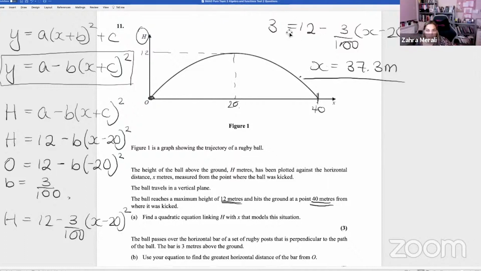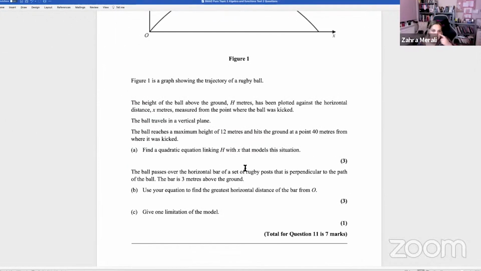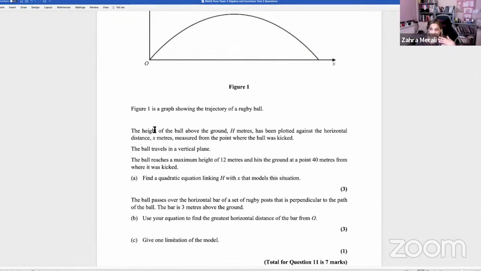And then the last question on this section says to give one limitation of the model. So a limitation of the model could be, what are we assuming? We're assuming it's a totally straight ground. The ball is a particle, there's no air resistance, anything like that. Anything sensible would have got you the mark.